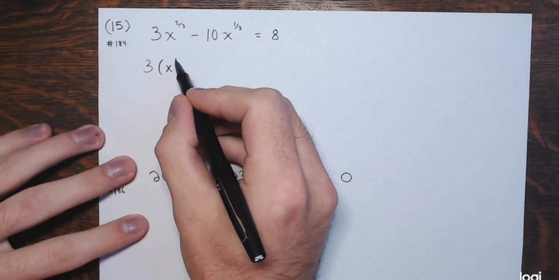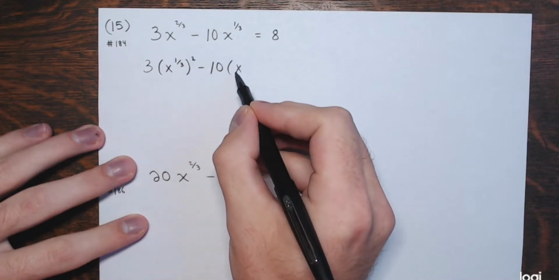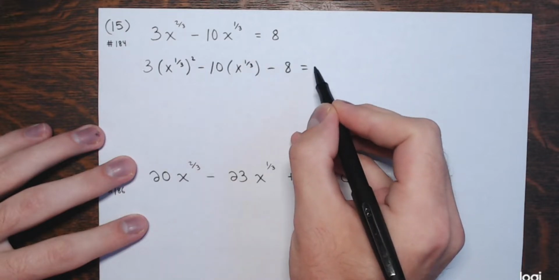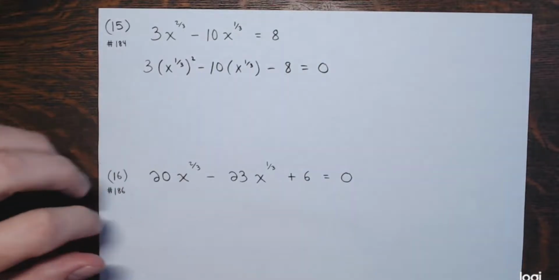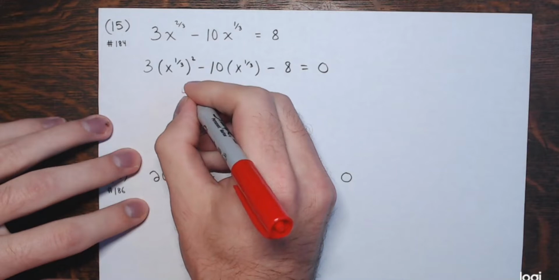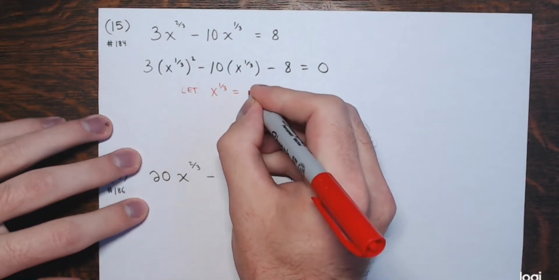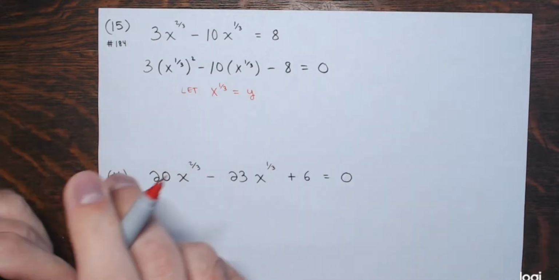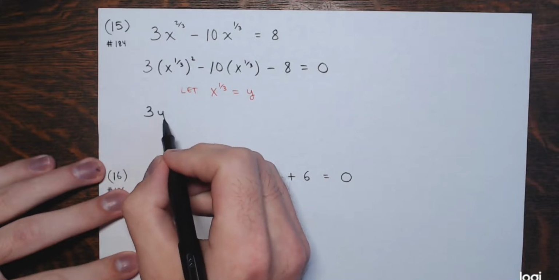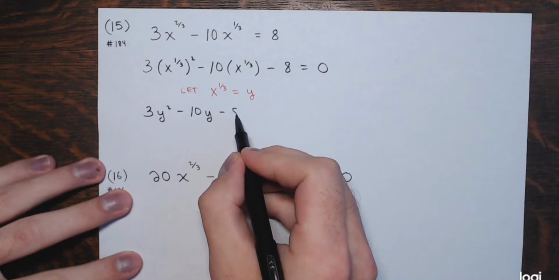It's 3 times (x to the 1/3) squared, minus 10 times x to the 1/3 to the first power, and then minus 8, equals 0. Definitely in quadratic form. I'm going to let x to the 1/3 be replaced by y. Now this equation becomes 3y squared minus 10y minus 8 equals 0.